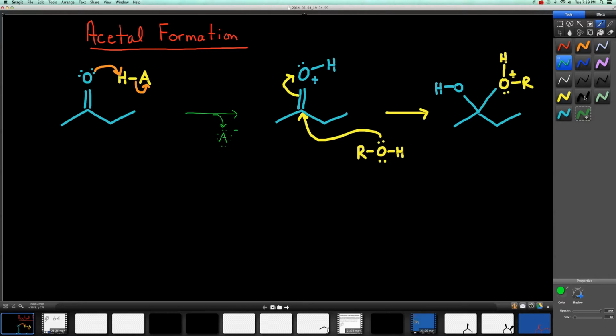And to facilitate neutralizing this compound, the conjugate base of our parent acid HA will perform a proton transfer reaction.